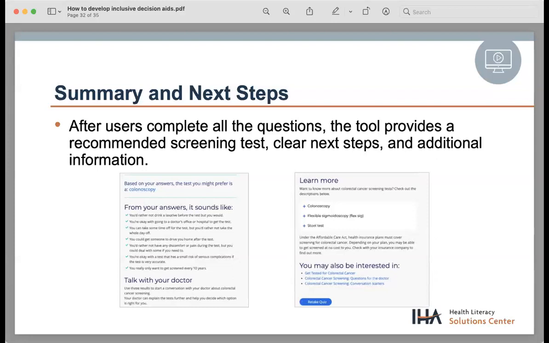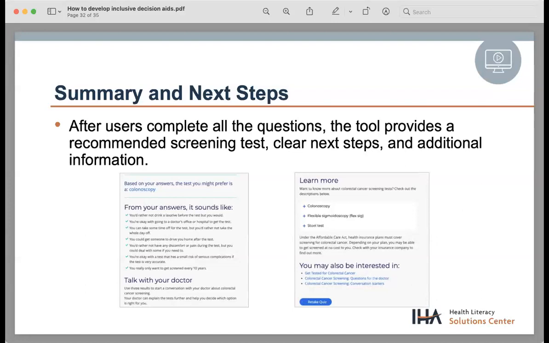So for example, we have a general topic about getting tested for colorectal cancer. We have another page around any questions that they may want to ask a doctor during a visit. And then lastly, a list of conversation starters. If somebody wants to talk to a loved one about getting this type of screening or test, they can visit this topic and get more information about how to start that conversation and encourage people to get a screening.